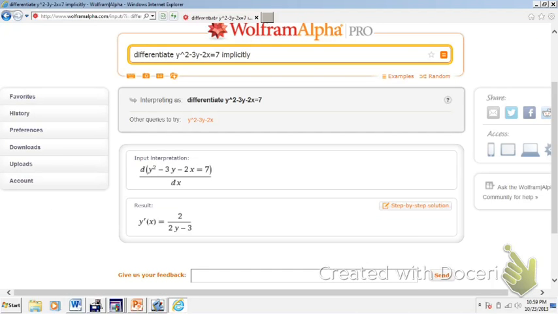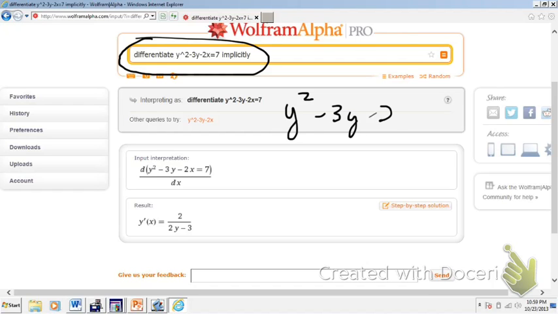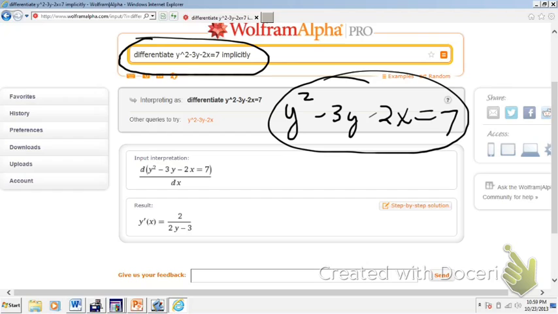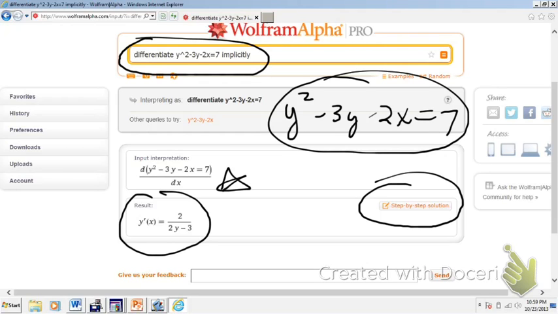So what I did was I typed in differentiate. The function was y squared minus 3y minus 2x equals 7, and I told it to differentiate that implicitly. So it interprets the input and it spits out a result. But notice over here, this is what I wanted to show you on a lot of the apps, or if you just sign up for the pro version, step-by-step solution.